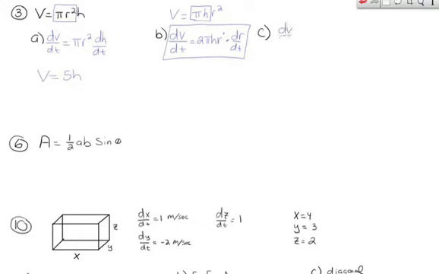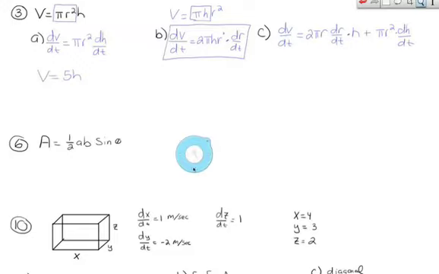So the derivative of the left is dV/dt equals the derivative of the first factor, which is 2 pi r dr/dt, times the second function, plus the first function times the derivative of the second. So just dh/dt. And that's it.